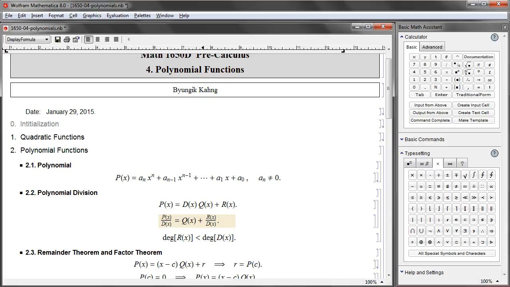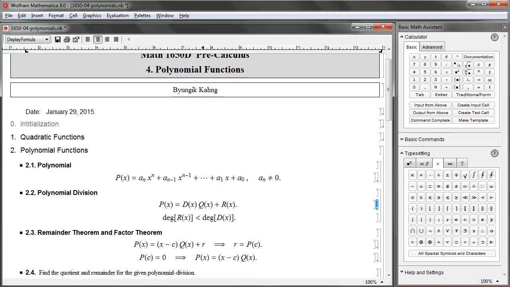That's an equivalent thing for polynomials and rational functions. And then we have a quotient, which corresponds to the integer part. And then we have r of x over d of x, where r is the remainder, whose degree is smaller than the degree of d of x, the denominator. This part is a proper fraction. It all follows from the division algorithm.